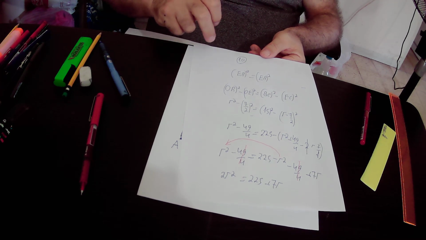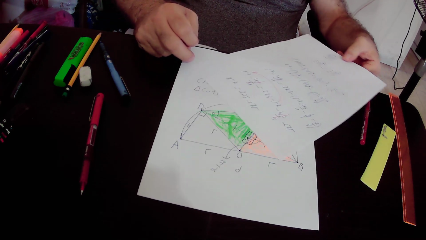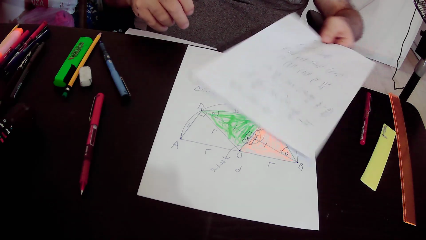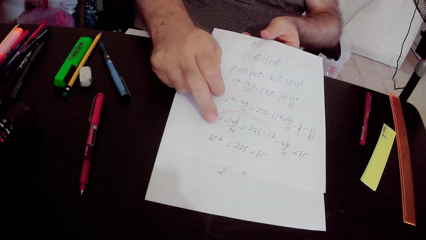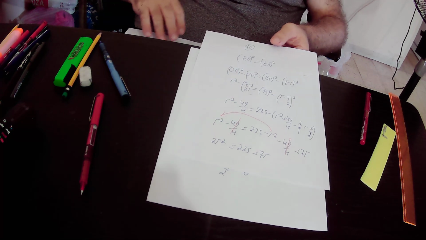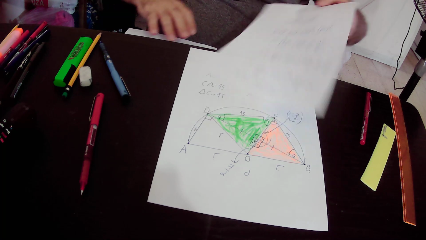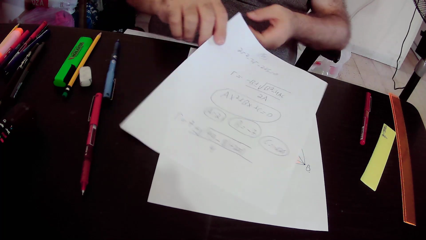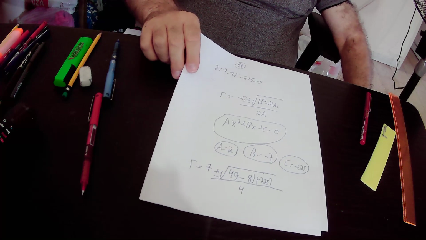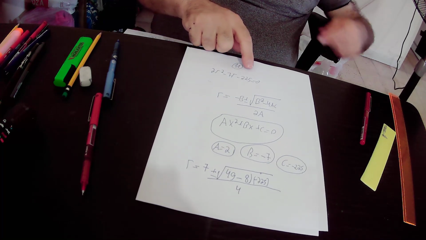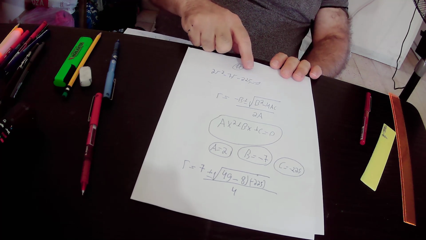And we got the quadratic equation that states that 2 times the radius square equals 225 plus 7r, or 2 times the radius square minus 7r minus 225 equals 0.